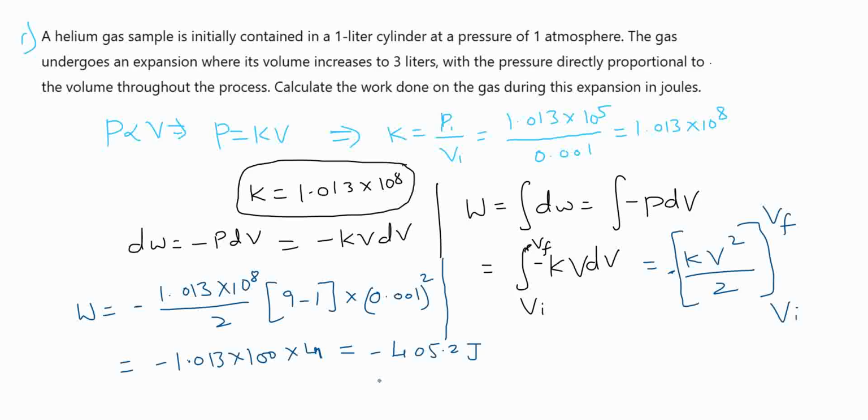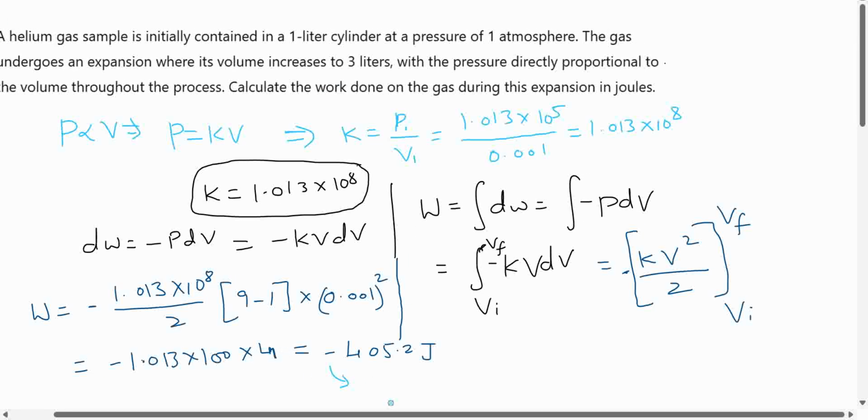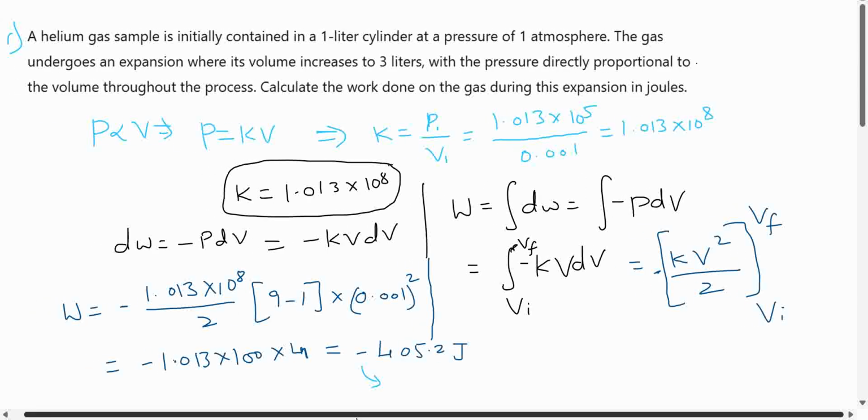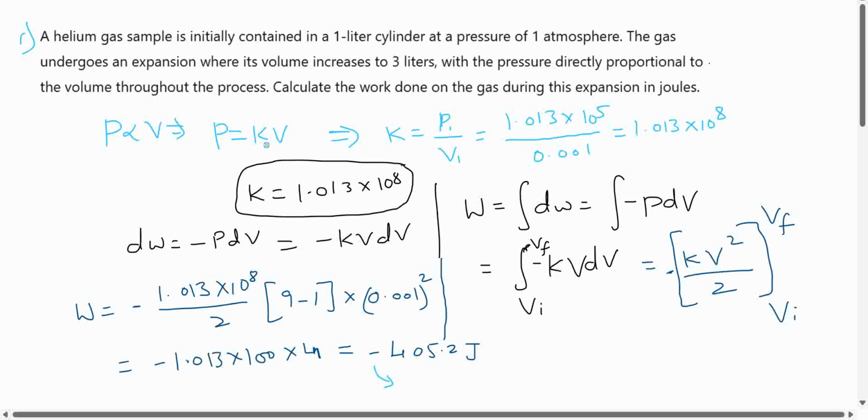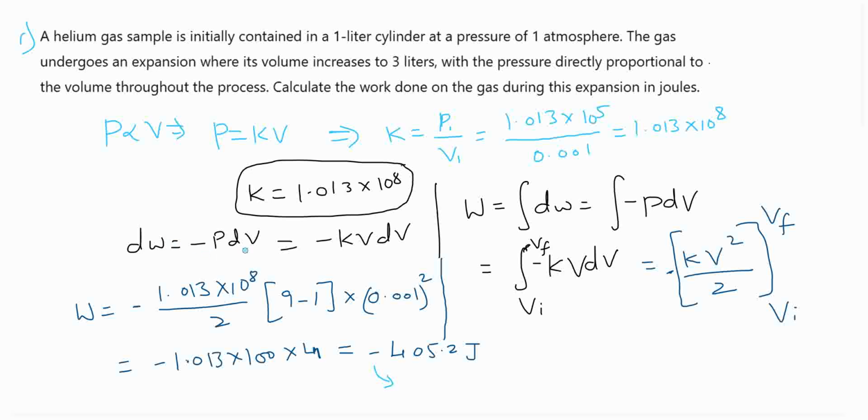So we got negative in the answer. In the question we were asked to calculate the work done on the gas, or work done on the system. Whenever we have to calculate work done on the system, we go with dW equal to minus PdV. That's obvious because if work is done on the system, it will be compression, then dV will be negative, and minus of minus will be positive. So as work done is positive, work is done on the system.